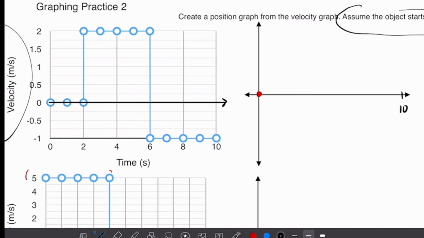And just like before with the position graph, if you see what appears to be something special, like an abrupt change, you may wish to mark that moment on your velocity graph. I see an abrupt change at 2 and an abrupt change at 6. Do you guys see those? So I'm going to mark 2 and I'm going to mark 6, places where an abrupt change took place.